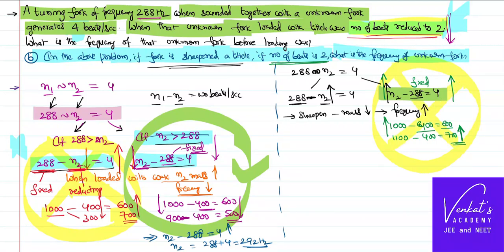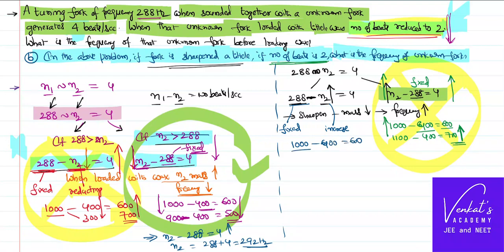Let us check with this case. Keeping the first term fixed, if you sharpen this, its frequency increases. Increase the second term. What happens? I'll take the same example: 1000 minus 400 equals 600.